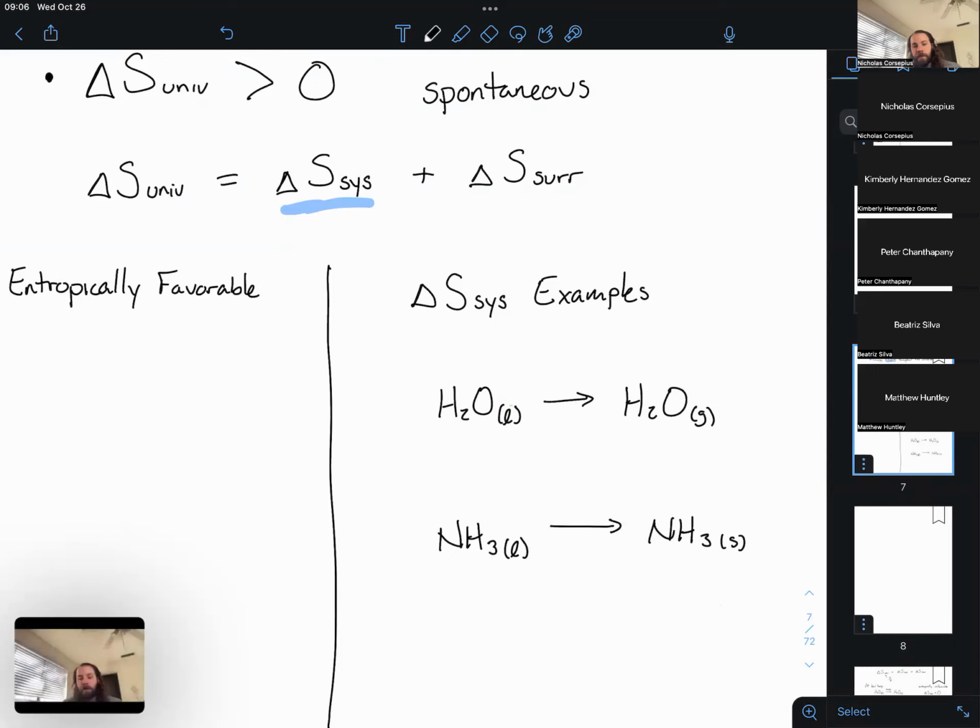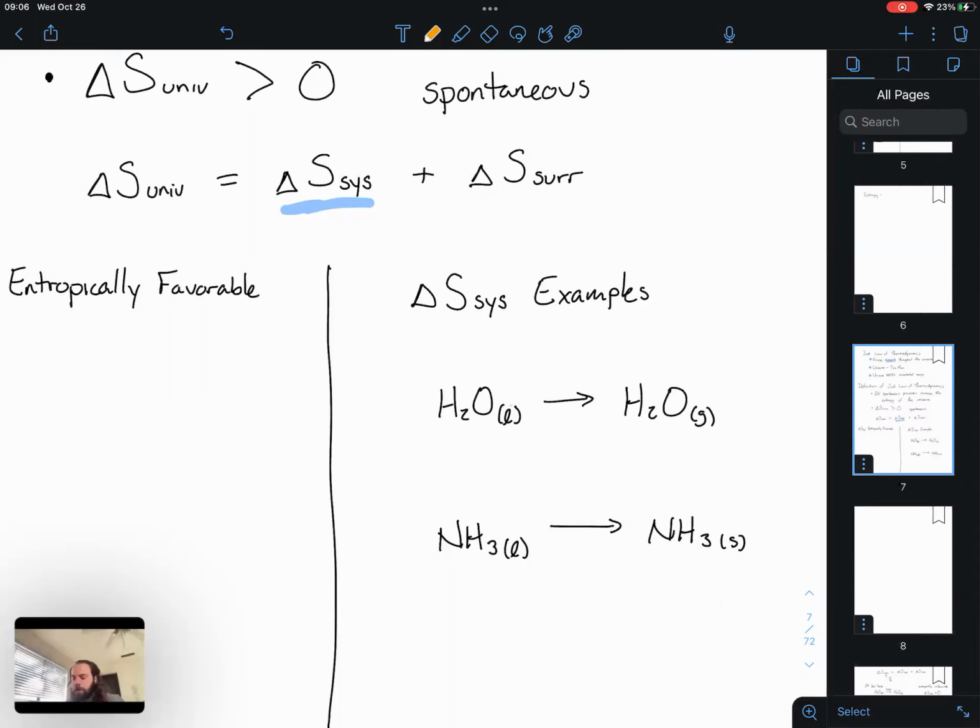Take a minute and see if you can determine whether these processes are entropically favorable or unfavorable. And for this first one here, we're going to make it an iClicker question. So you'll enter A if you think it's favorable, or B if you think it's unfavorable.